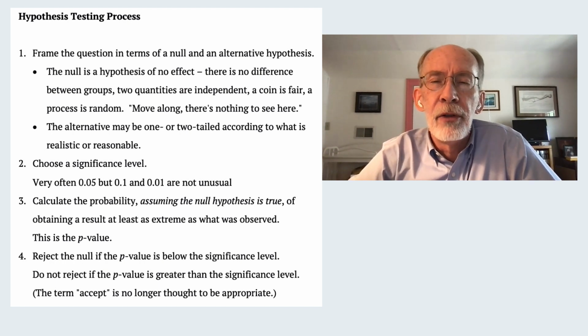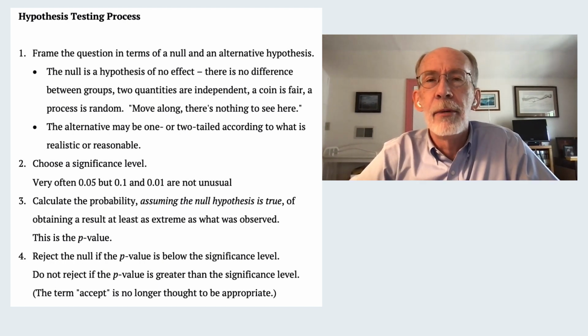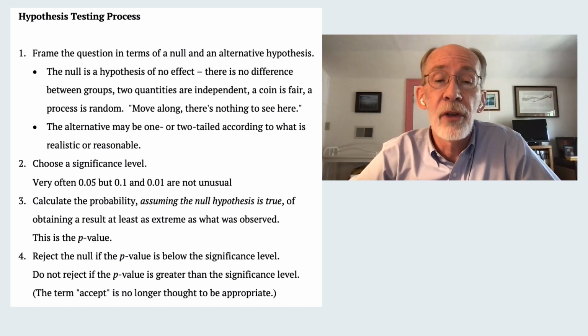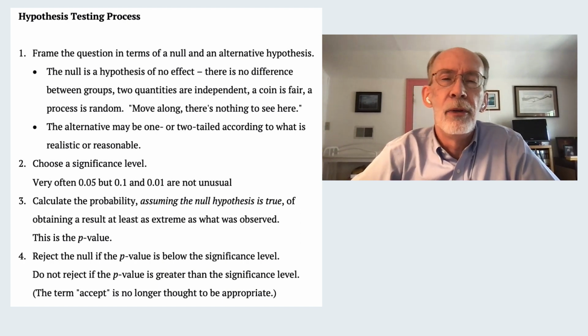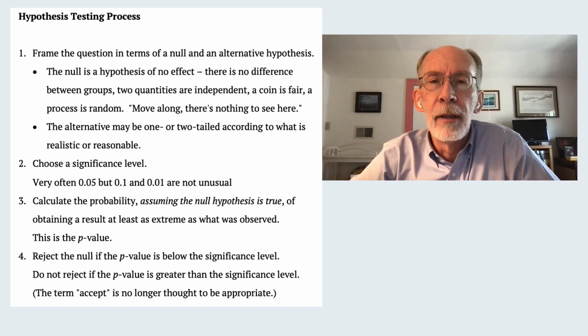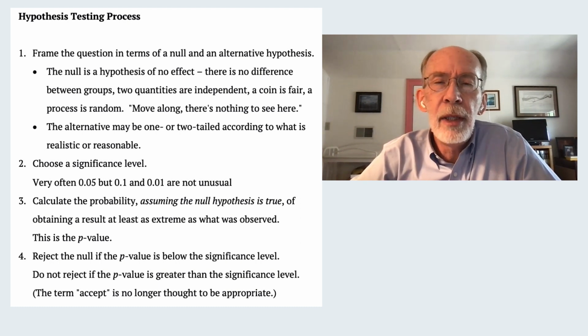The boundary between I'm probably okay with this and no, I'm not okay with this is called a significance level. It tends to be a smallish number. 0.05 is quite often used. 0.01 and 0.1 are fairly often used as well. The next thing we do is to calculate what's called a p-value.